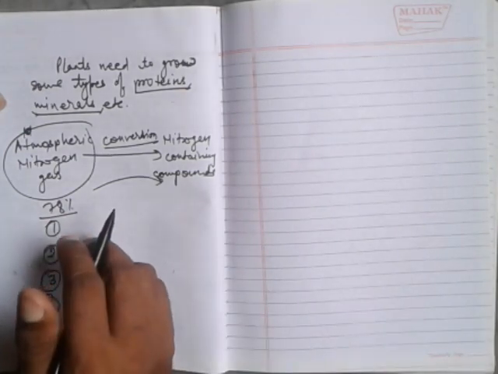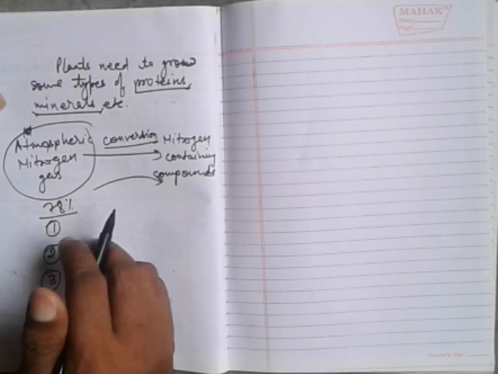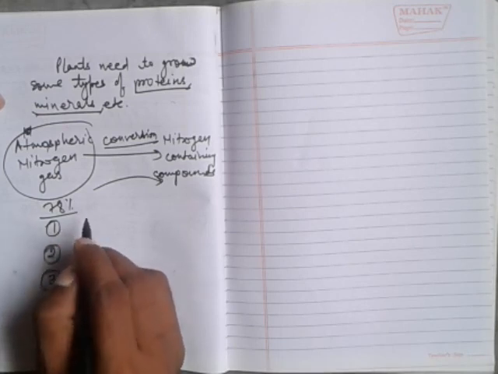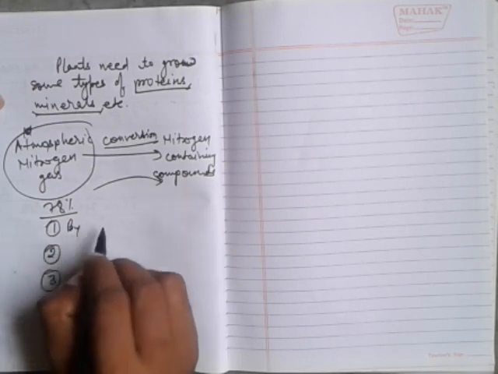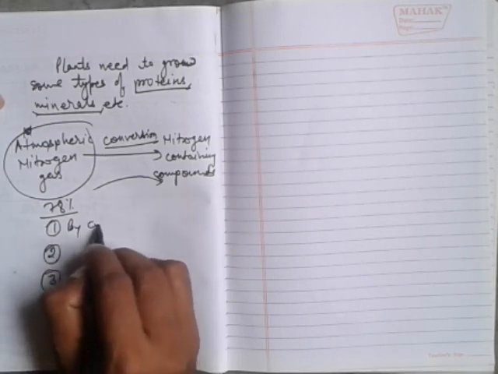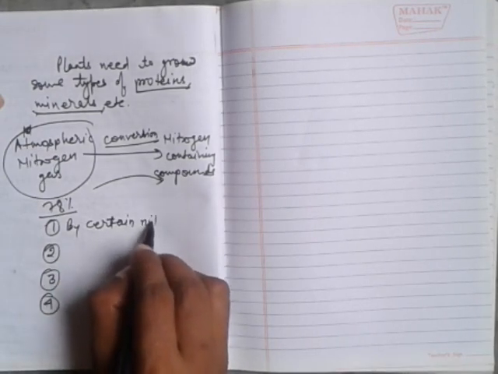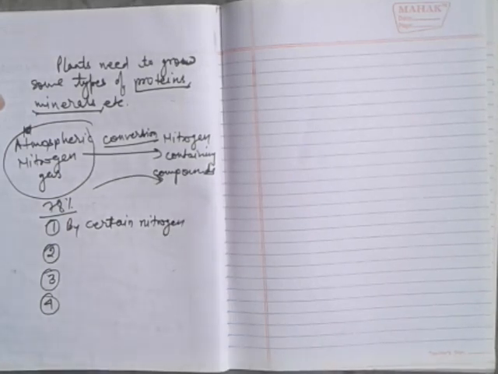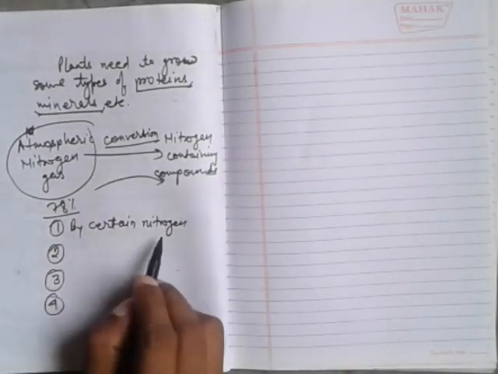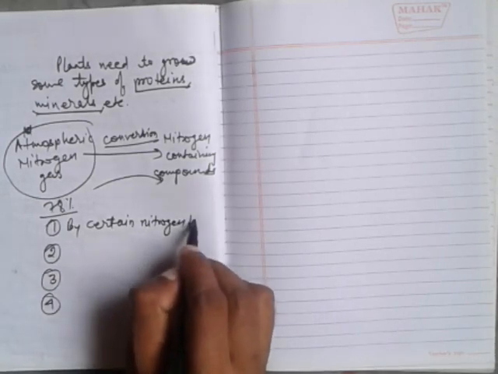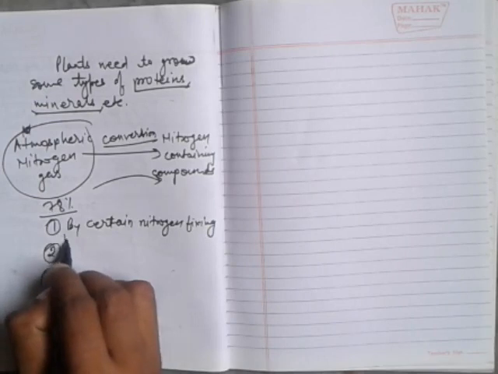The conversion of atmospheric nitrogen can be done by certain nitrogen fixing bacteria.